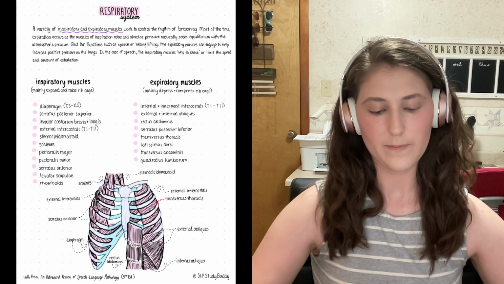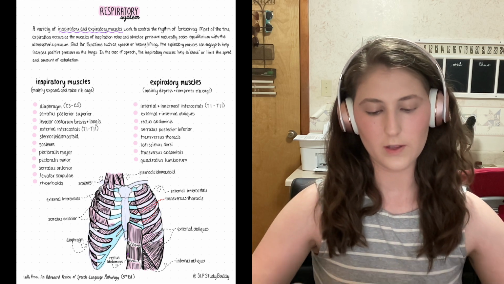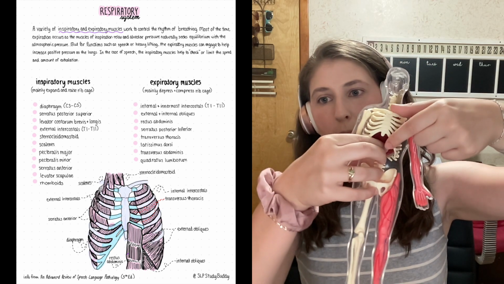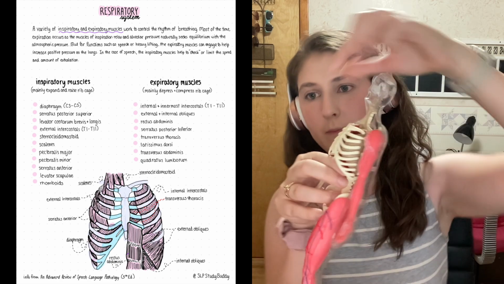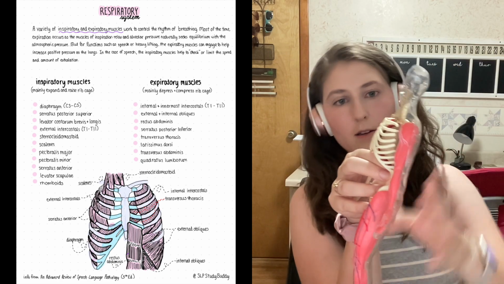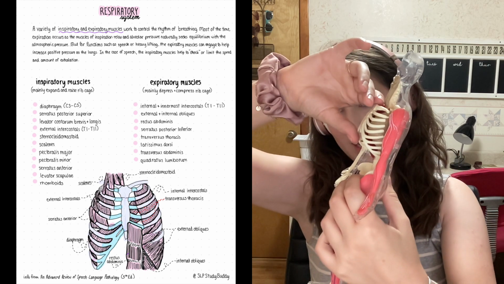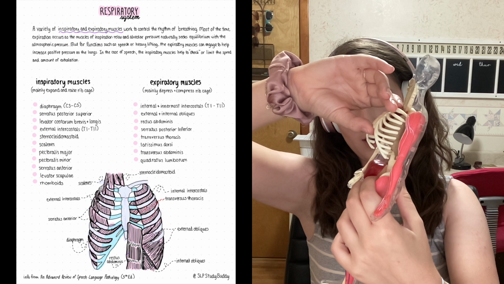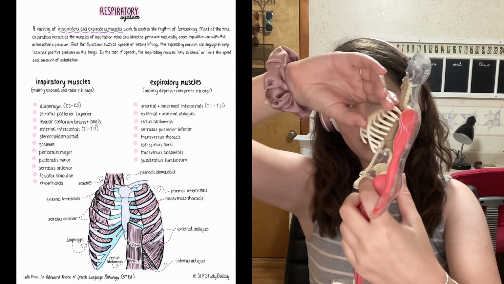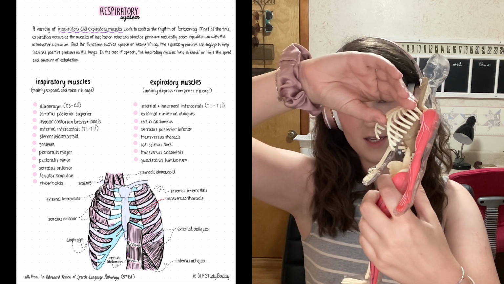So on Bob, it's going to look like this. I'm going to turn him this way. Hold that so he doesn't fall apart. So the rib cage is going to go up and out, and the lungs will expand.